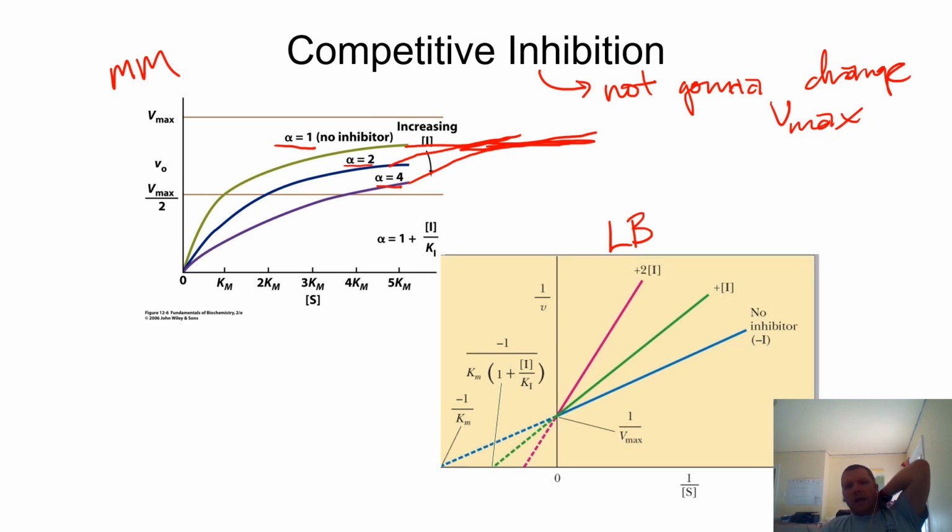Now, a Lineweaver-Burk plot generally is going to show that inhibition a little bit more clearly. It's worth noting some of the points that are going to be the same. For instance, your y-intercept, no change, because, as we said a moment ago, our Vmax is not going to change. However, our Km goes up.